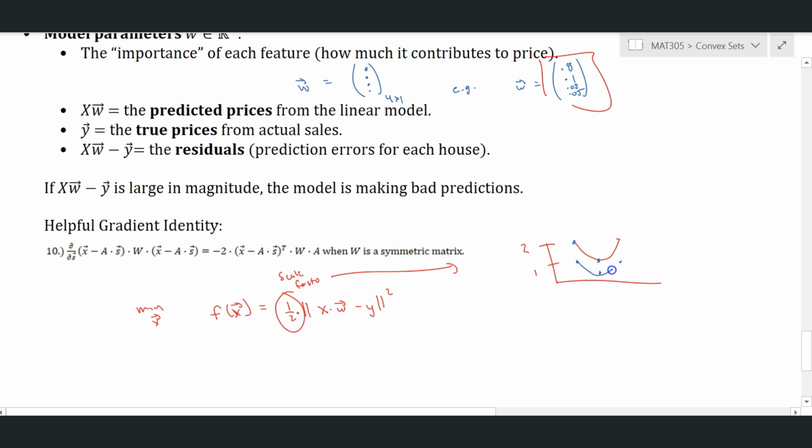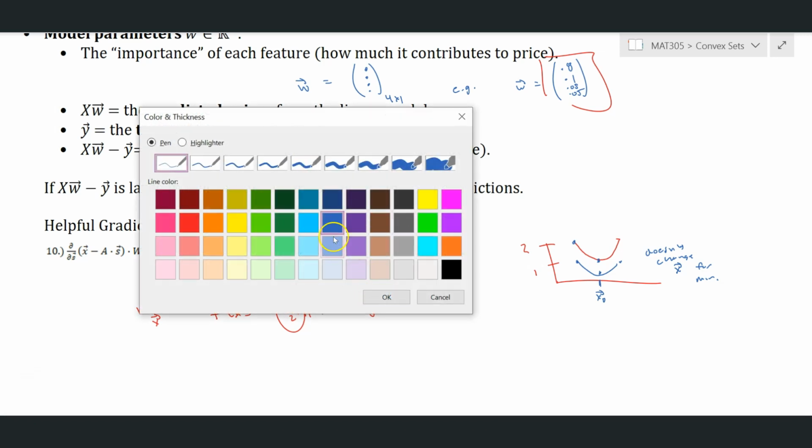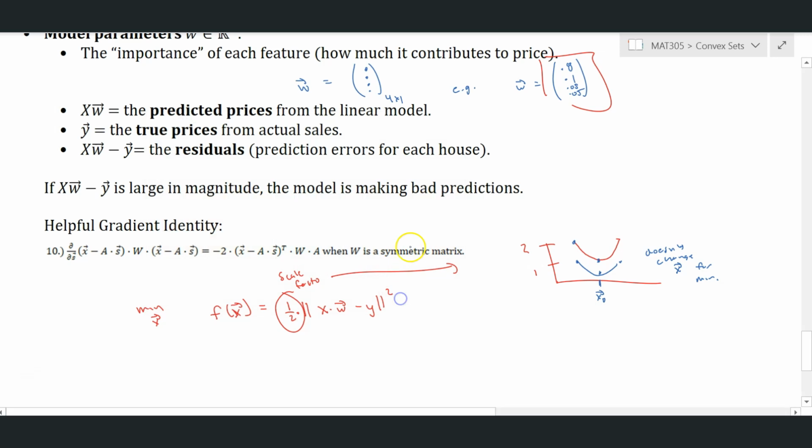So you're not going to change x for the minimum, right? So if that's the value of x naught right there, where the minimum occurs, then in both cases it occurs at the same point. The 1/2 is just going to make the mathematics just a little bit cleaner, okay?